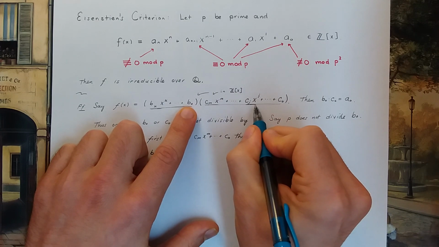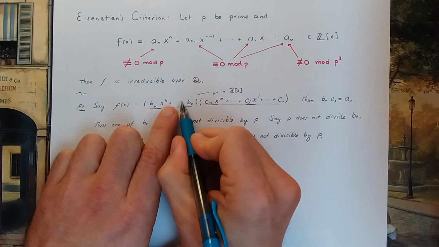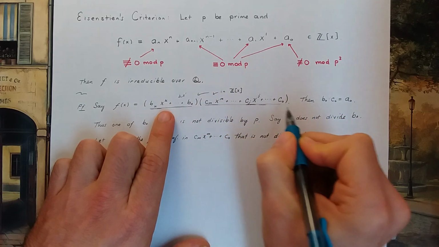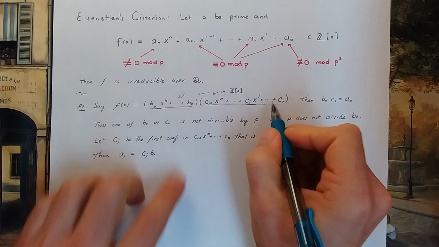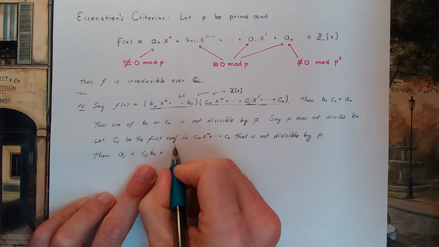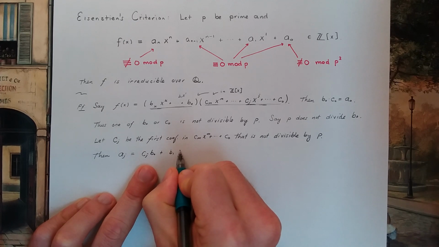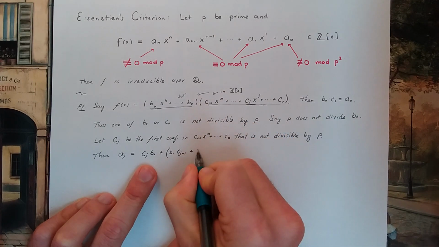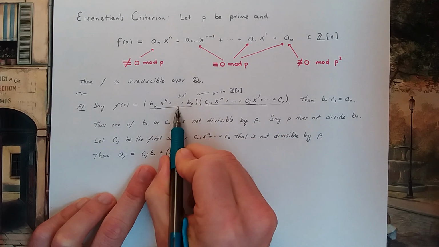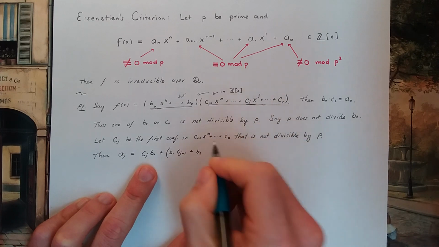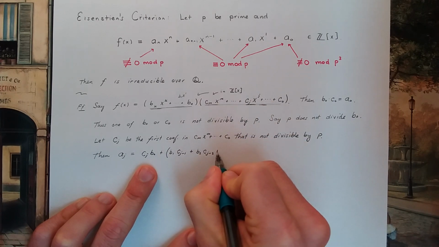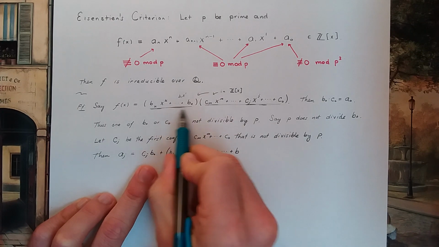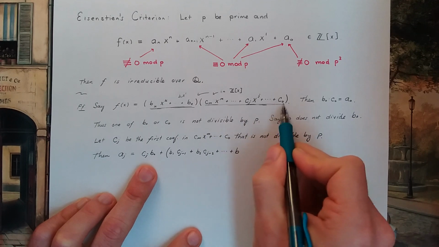I could also get an x to the j power by multiplying the x to the first term here, that would be b_1 x to the first, times the j minus 1 power. So I'll get b_1 times c_{j-1}. I could also get an x to the j power by multiplying the squared term in this parentheses with the j minus 2 term here. And I can keep getting terms until I finally end with the jth term in the first parentheses times the constant term in the second.